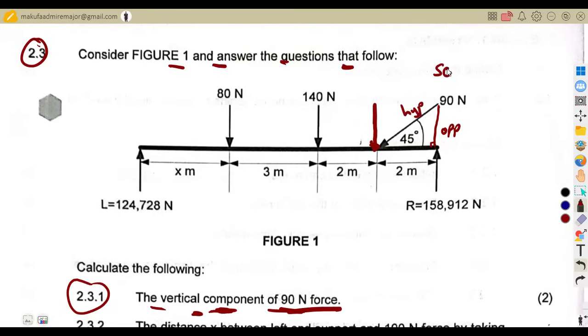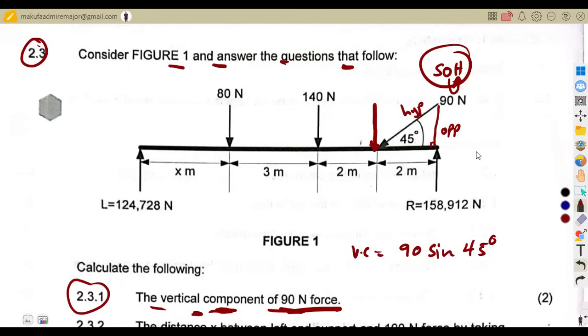The ratio there is for sine, and from our SOHCAHTOA concept, sine is the one that carries the vertical. So the vertical component is going to be 90 sine of theta, which is sine of 45 degrees.